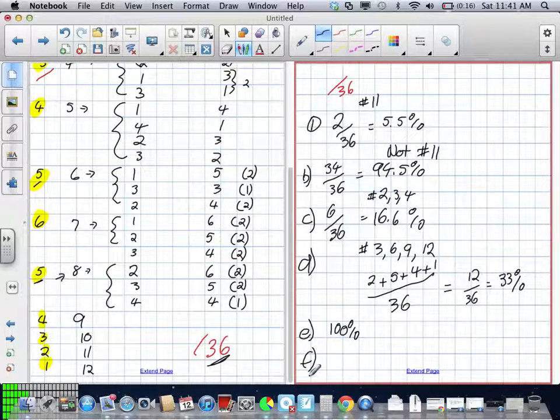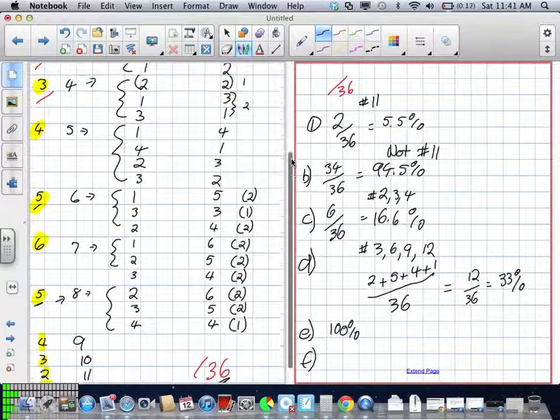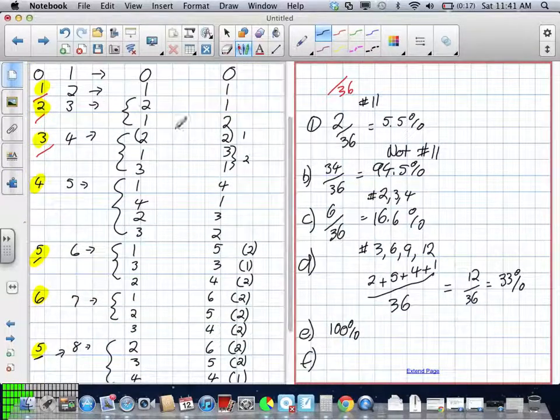Greater than 3. Okay, so let's talk about this one. It's actually a bit easier to take away 1, 2, and 3. So that would be a total of 36. Subtract the chances of getting a 1, a 2, and a 3.